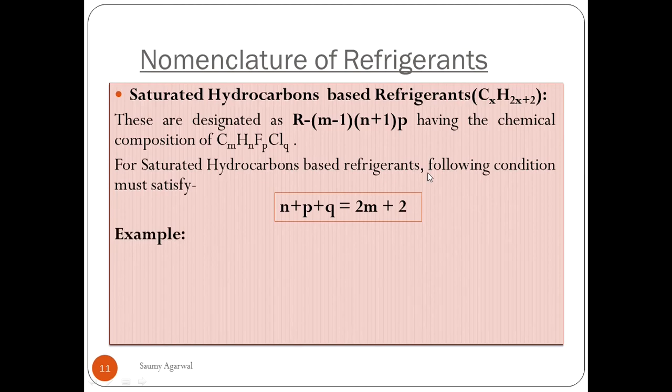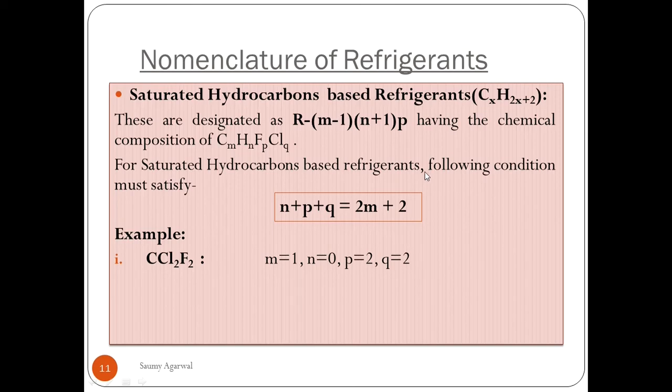Let us take an example. The first example we are going to take is dichlorodifluoromethane, or CCl2F2. What we have to do is convert the chemical composition of this refrigerant into its nomenclature. So we need to find the nomenclature of this refrigerant.